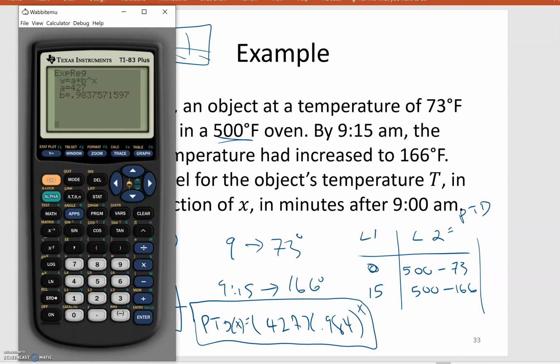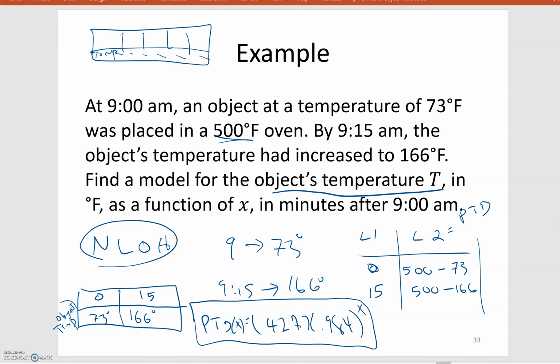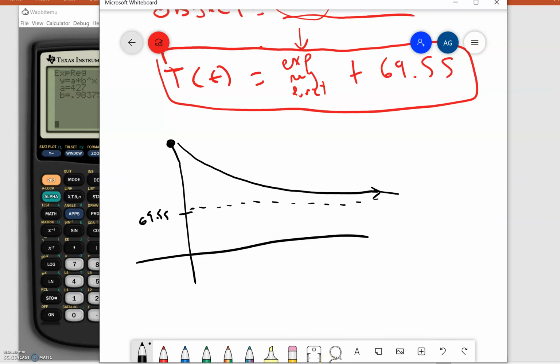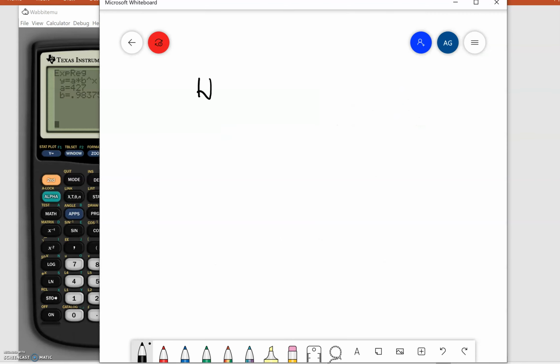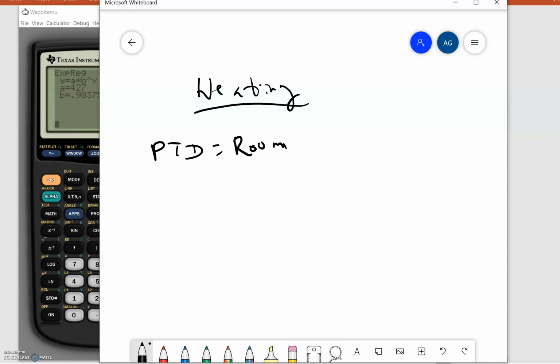Now, remember when we're doing these, we actually want the object temperature function. That's ultimately what we want to find. Since this is a heating problem, remember that the PTD relationship needs to be positive. So the room in this case is the oven, so it's the room minus the object.